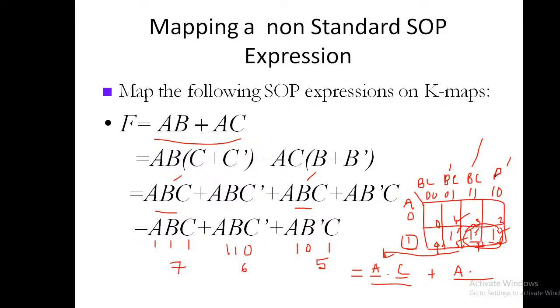So you have BC and BC bar. Which literal is common vertically? B. Okay, right? Can you reduce it anymore? I hope you cannot reduce it anymore, right?